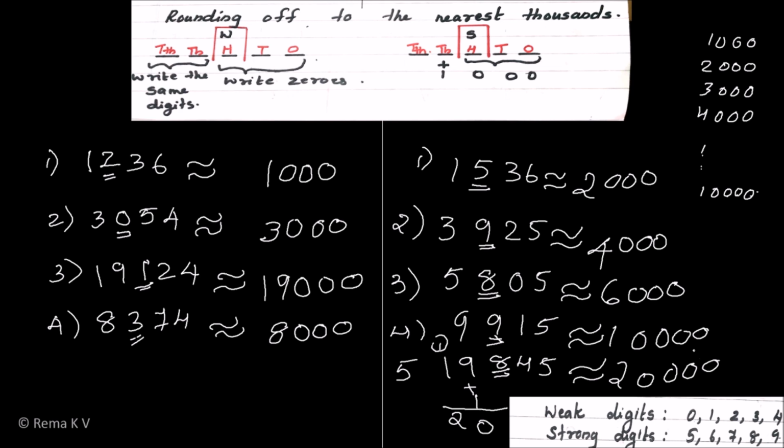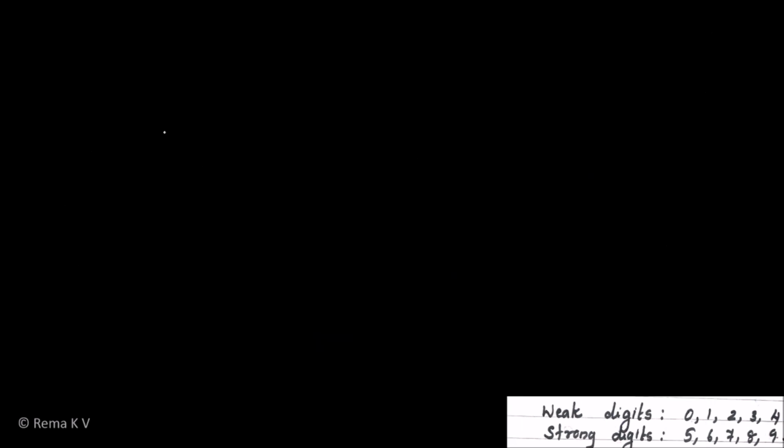Is it clear? Okay. Now let us do all these three, that is rounding off to the nearest tens, rounding off to the nearest hundreds and rounding off to the nearest thousands in the same question. So let us consider 9,475.